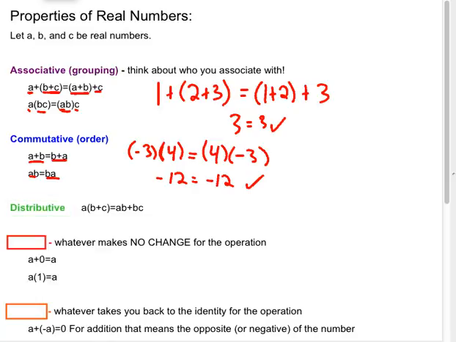Distributive. So distributive property, this is something you've done for a long time. This one, I've never had a student really struggle much identifying this property. Essentially, all it says is if you have something outside that is multiplying a parenthesis, you just multiply it in, okay? So basically what it's saying is this.